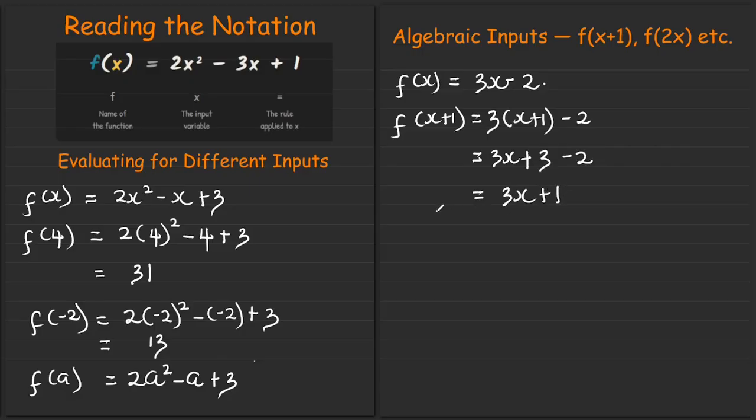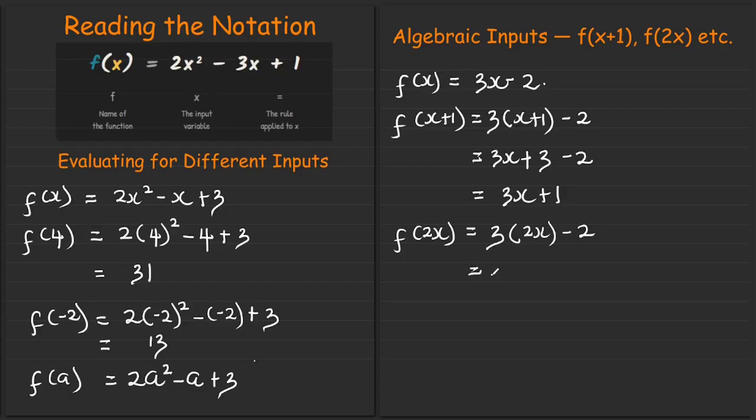As simple as that. What if we actually wanted f of 2x? So f of 2x is simply going to be 3 times x, where our x value is now the whole of the 2x. So we have in brackets 2x, then minus 2.